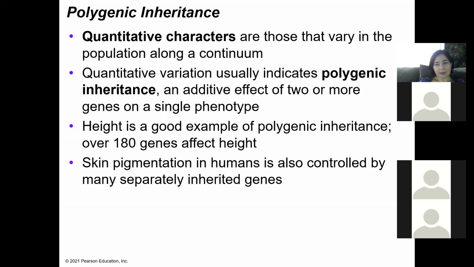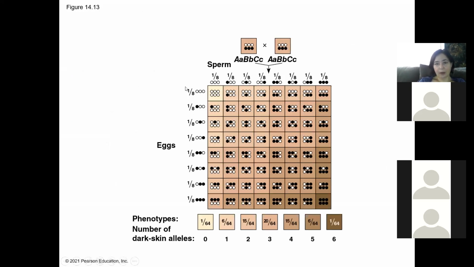You see something called additive effect. Additive effect contributes to a spectrum, right? For example, skin color is how many alleles you got that contribute to the expression of melanin.